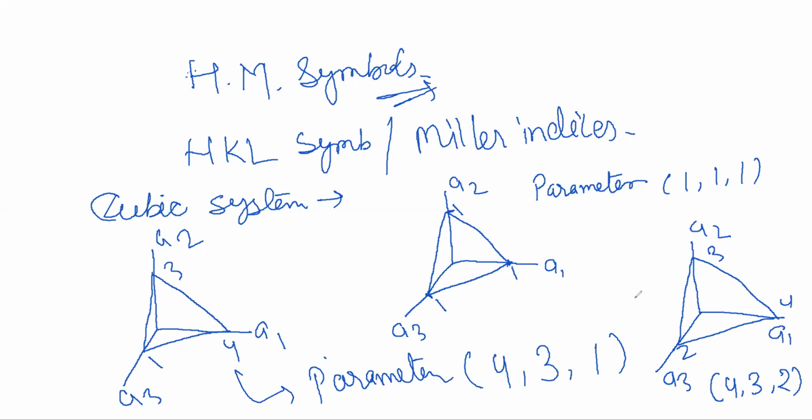So these are the parameters. Now from these parameters, we have to calculate the Miller indices, right? So that we will be seeing. If anyone has queries till now, then I'll tell you once again, otherwise we are moving to the next. Hope it's clear.